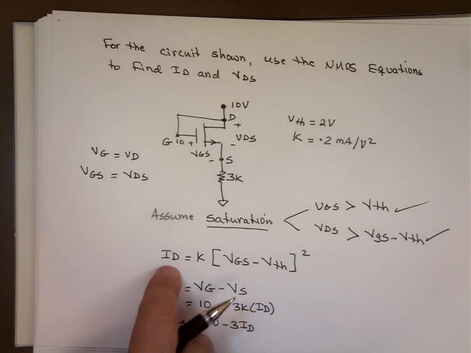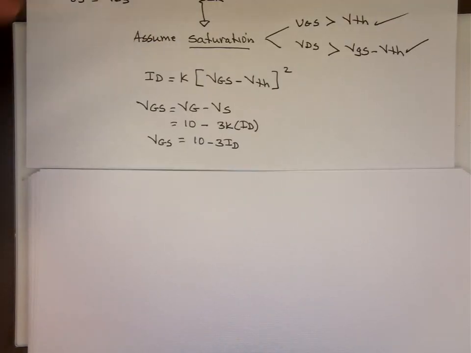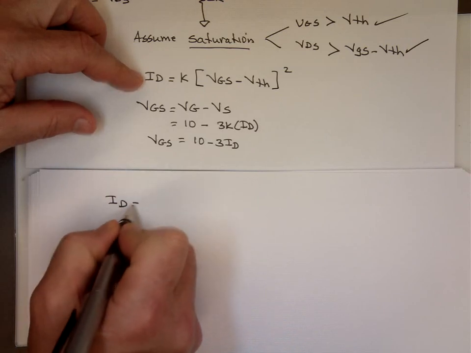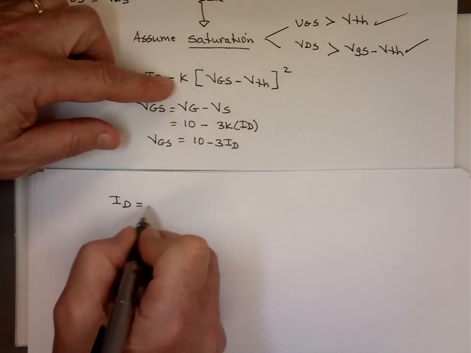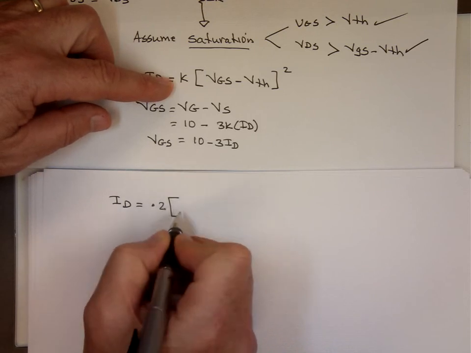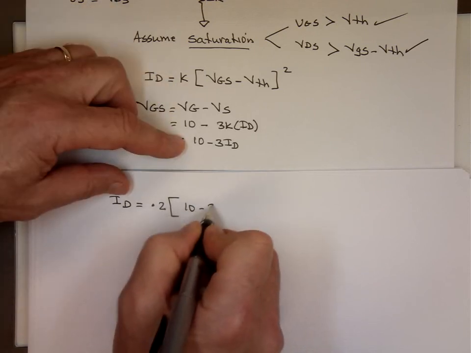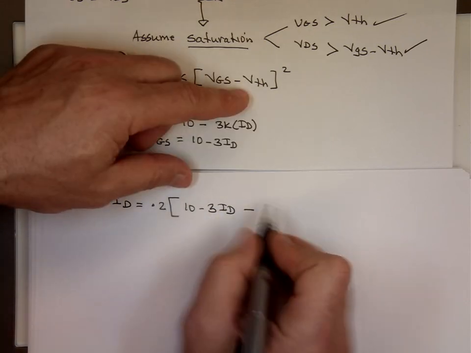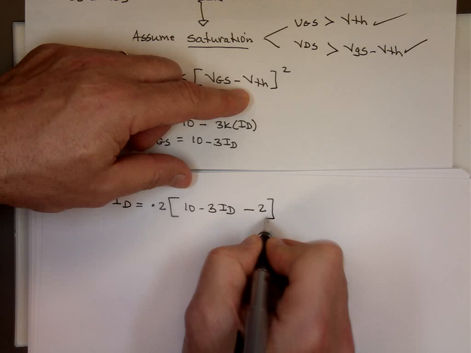So if I go to this equation here and now do some substitution, K I use for this example 0.2. VGS is 10 minus 3 I sub D, minus the threshold, which is 2, and square it.